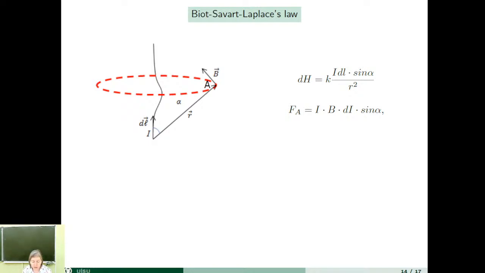Let's mark in a conductor with a current a rather small part dl, which may be considered as a vector directed in the same way as the current.